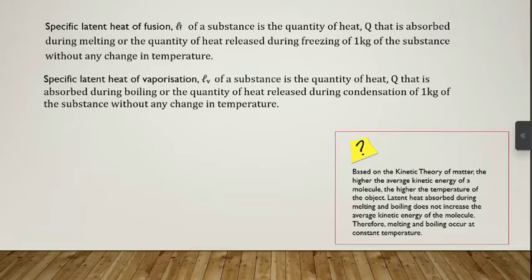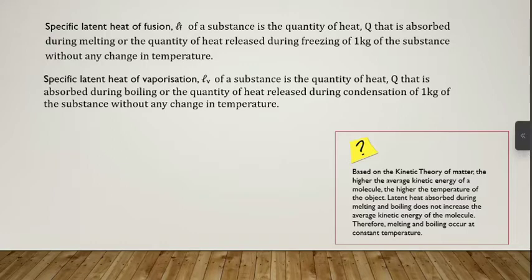Specific latent heat of fusion of a substance is the quantity of heat Q that is absorbed during melting or the quantity of heat released during freezing of 1 kg of the substance without any change in temperature.